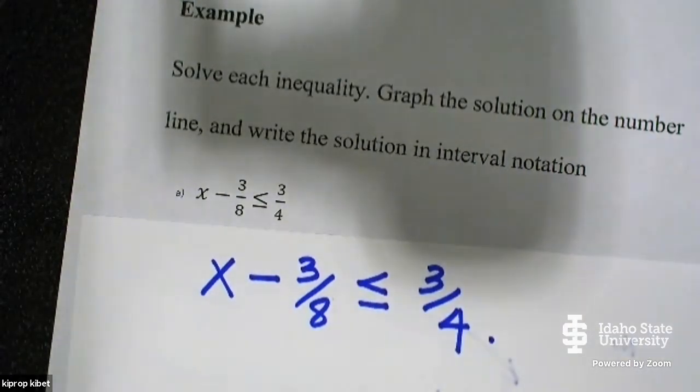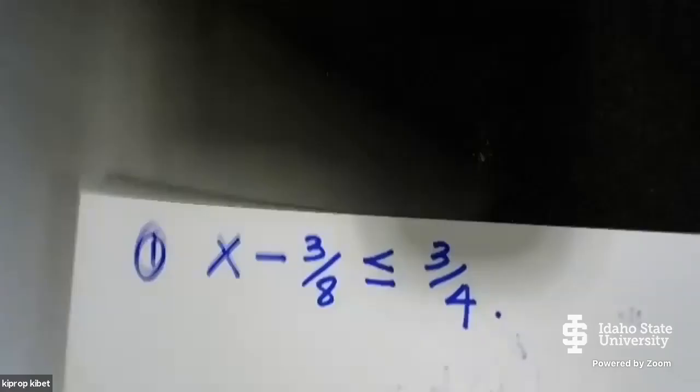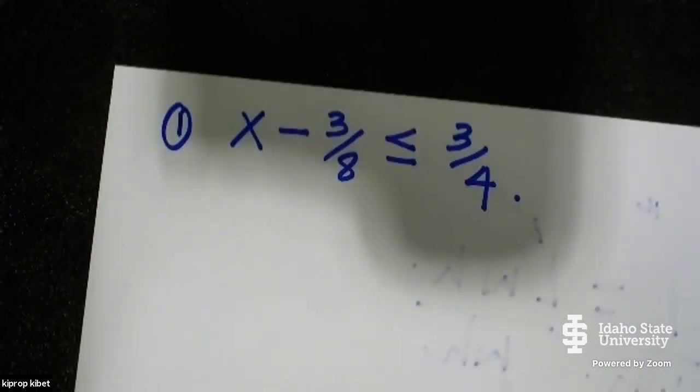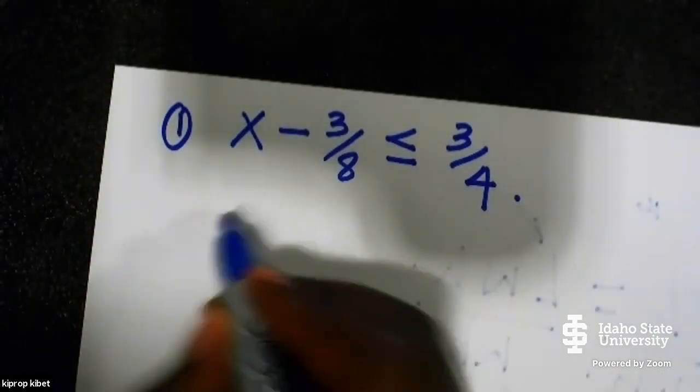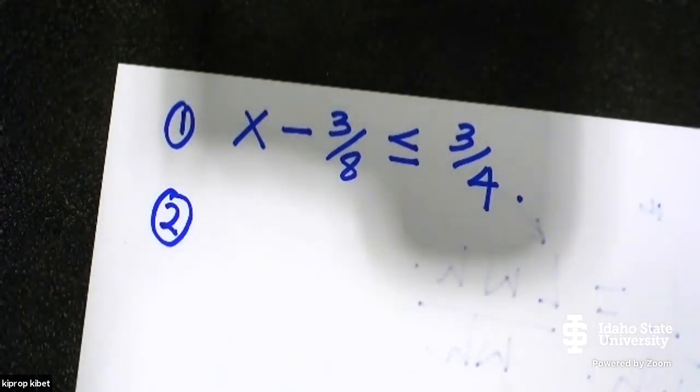Solve that one, put it on the number line, and then write the notation. So this one is the first step. The second step is we do what we did in the first lecture.